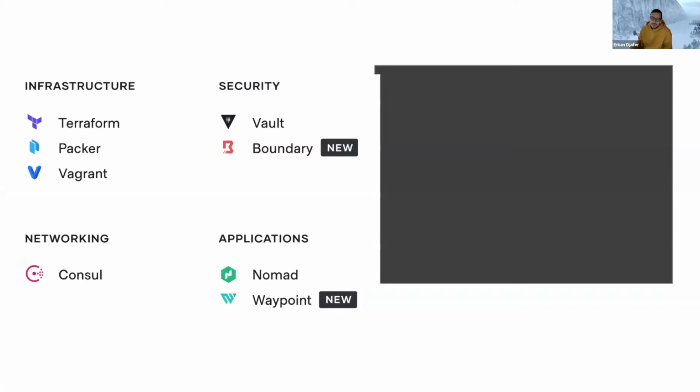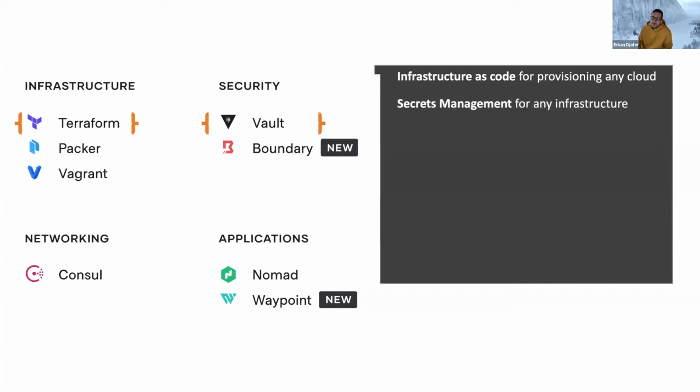They allow you to manage infrastructure as code for provisioning on any cloud, which is Terraform. And from a security perspective, another very important technology is our secrets management capability, which allows for managing secrets in any infrastructure using a product called Vault.